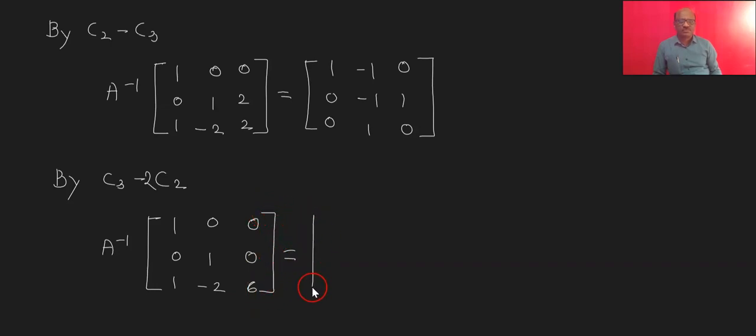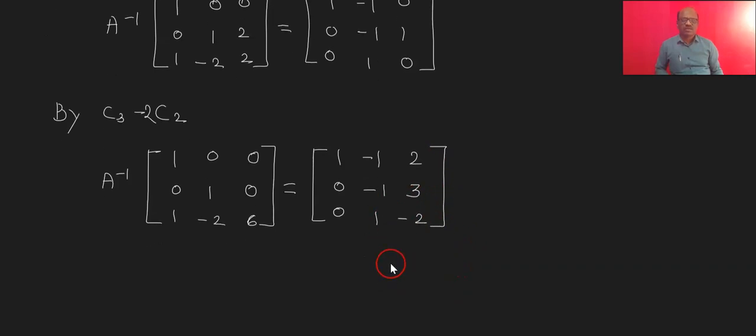That is equal to 1, 0, 0, next minus 1 and 1, C3 minus 2 times C2. Therefore, here you will get only 2. Next is 1, and minus and minus will become 3, and last is C3 minus 2 times C2, here is minus 2.